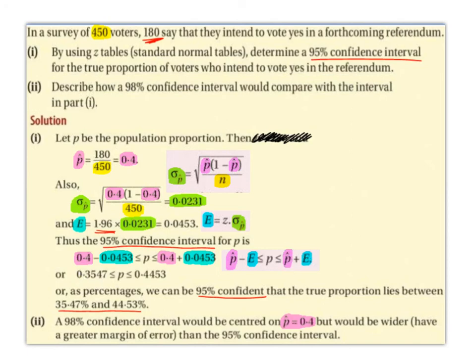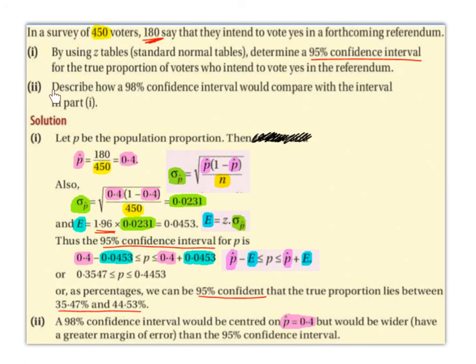And P hat plus E, 0.4 plus 0.0453, gives 0.4453. So P, the true proportion of the population, lies between this and this. Or, as percentages, we can be 95% confident that the true proportion lies between 35.47% and 44.53%.